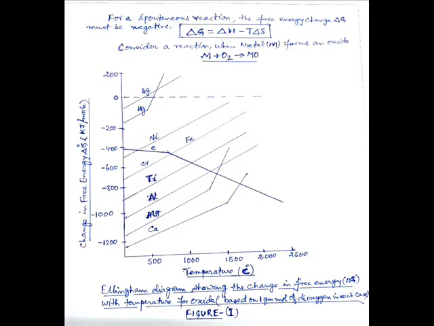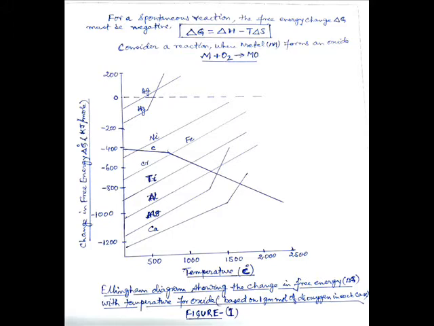At this point, there is a large change of entropy associated with it, and so the line abruptly changes direction. The change of state changes the slope of the line. For example, the HgO line changes at 356 degrees when HgO boils, that is, mercury boils.